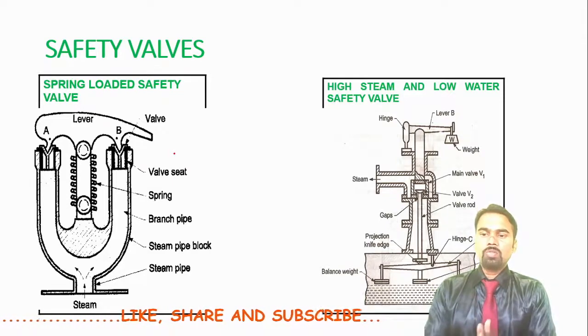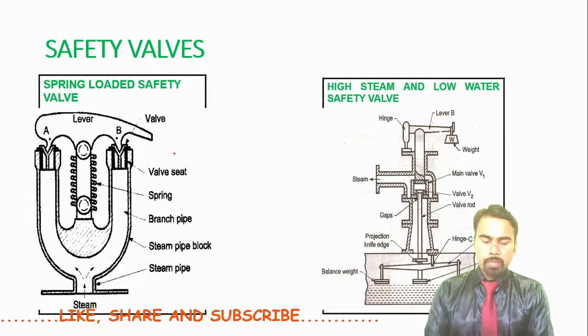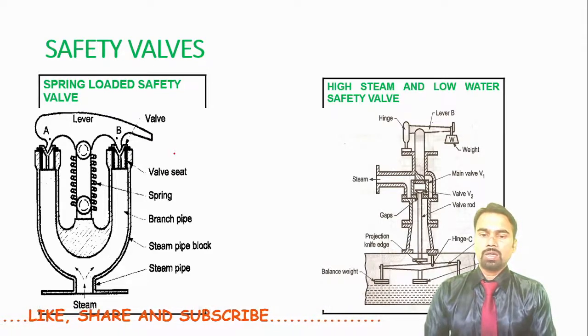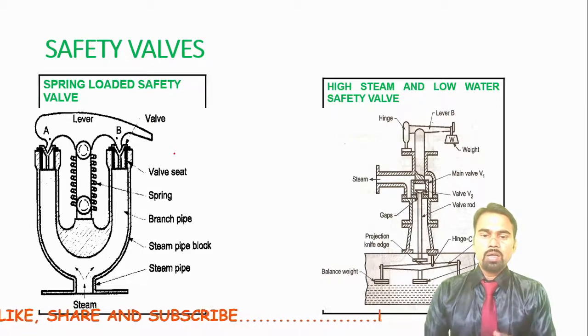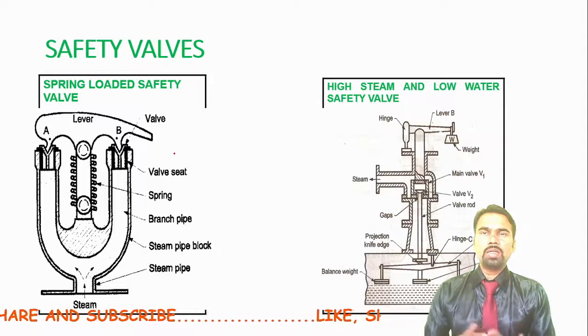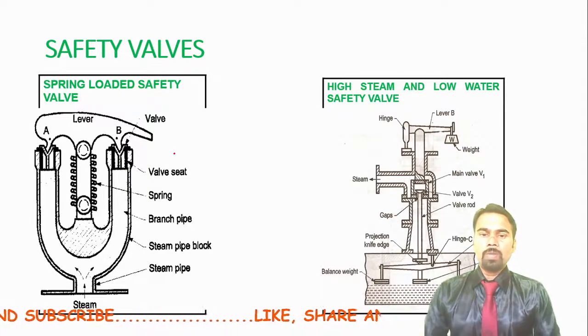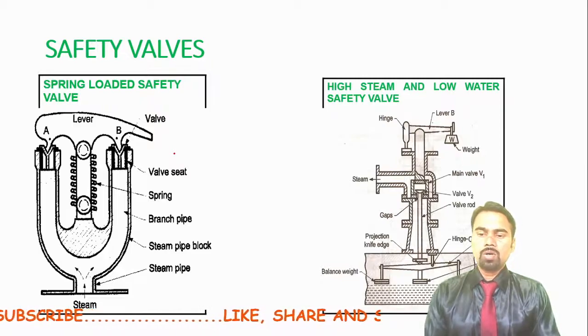The function of the safety valve is to maintain the level of steam pressure inside the boiler shell. If the pressure inside the boiler shell increases or exceeds the limit, then some amount of steam will be released into the atmosphere.